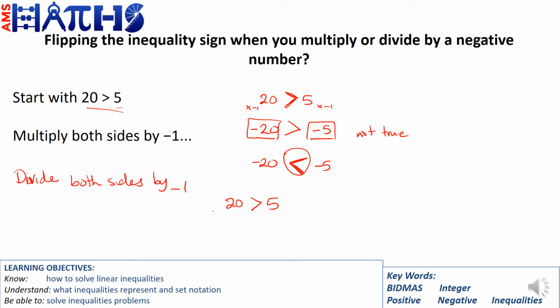If I divide this side by -1, and I have to do that on the right as well, 20 divided by -1 is -20, and 5 divided by -1 is -5. Now, which is greater, 20 or -5? Still -5. So we'll have to change the direction of the sign when we divide by a negative number. So please remember, if you have to divide by a negative number, you change the direction of the sign.